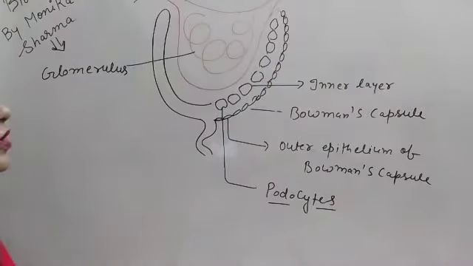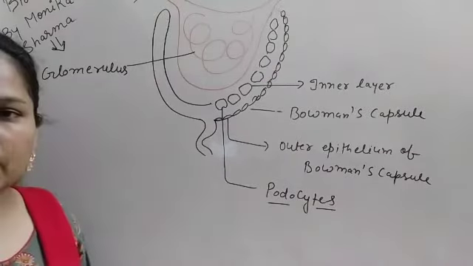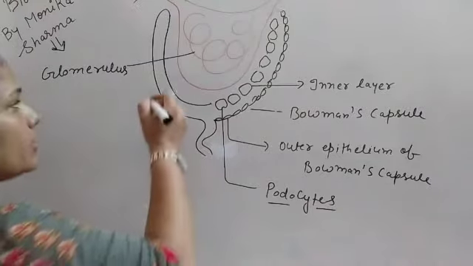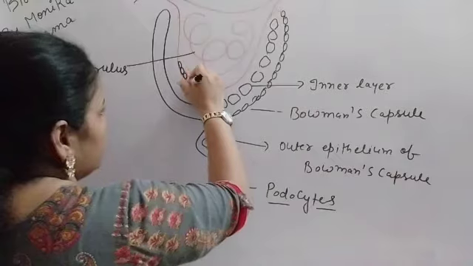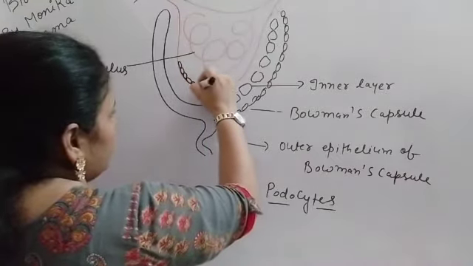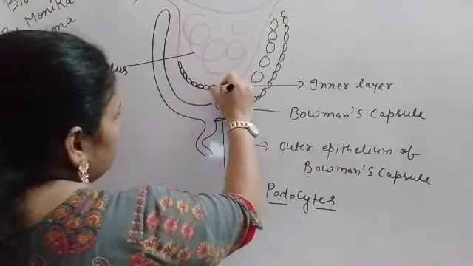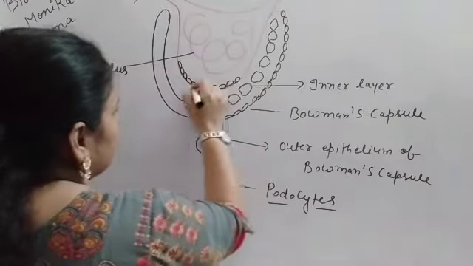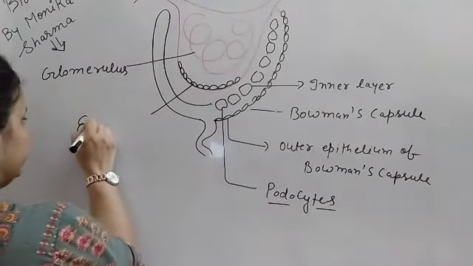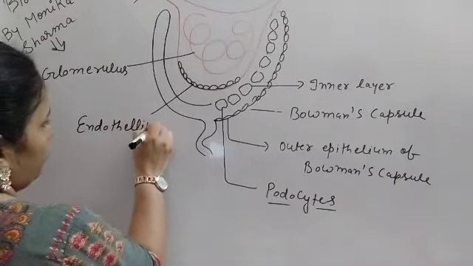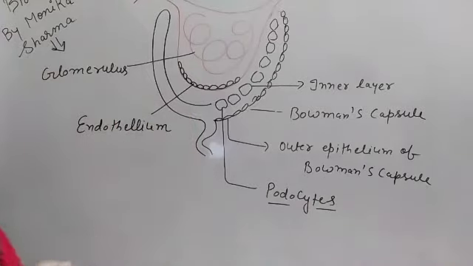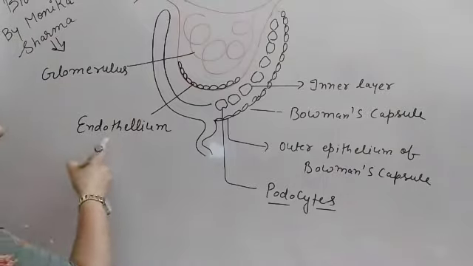And the glomerulus is made up of a bunch of capillaries. These capillaries are also made up of a mesodermal layer, and that layer is known as endothelium. The epithelium of blood vessels is known as endothelium.